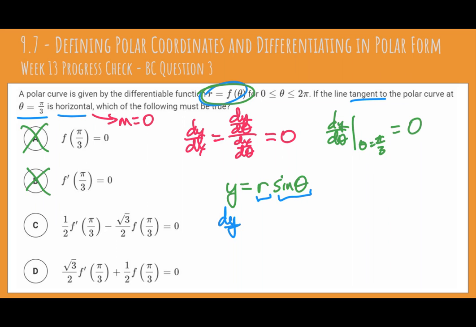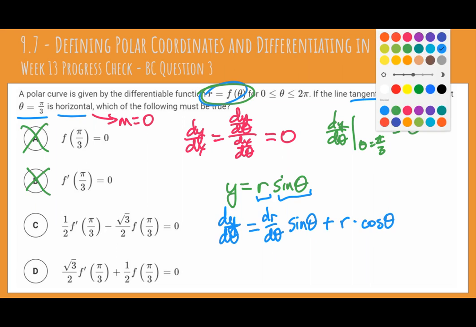So dy d theta is going to equal the derivative of the first, so dr d theta, times the second, sine of theta, plus the first, r, times the derivative of the second, which is cosine of theta. And since theta is pi over 3, we can plug that in for sine and cosine there.